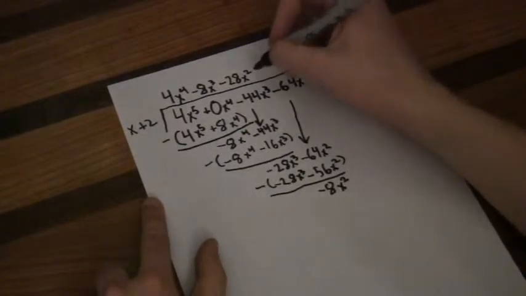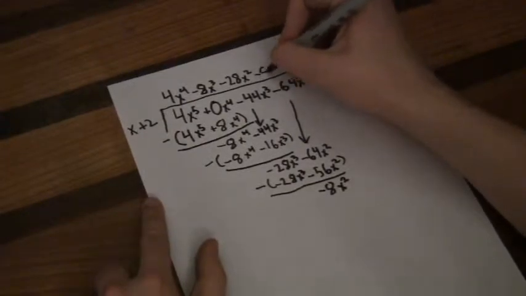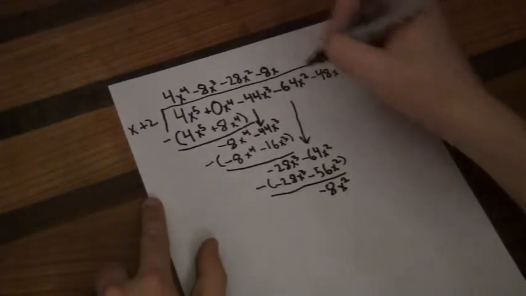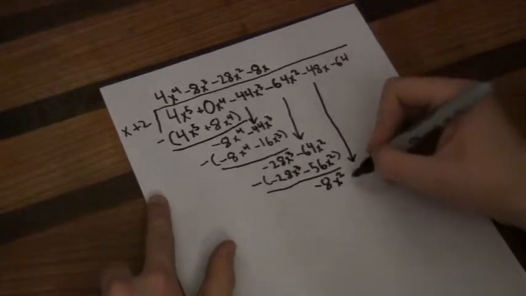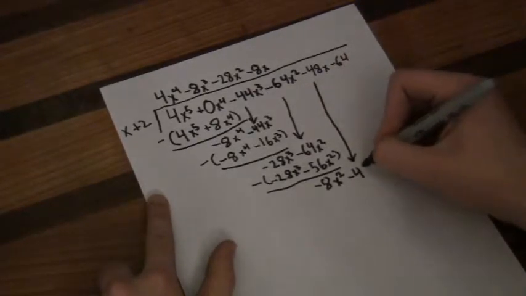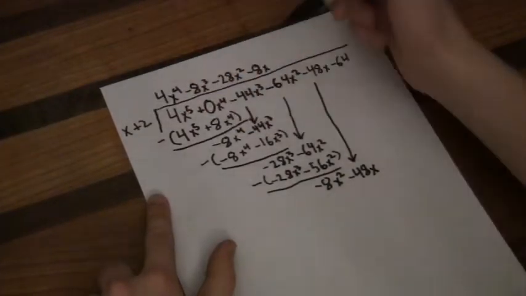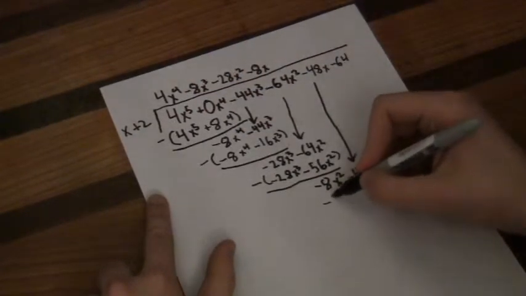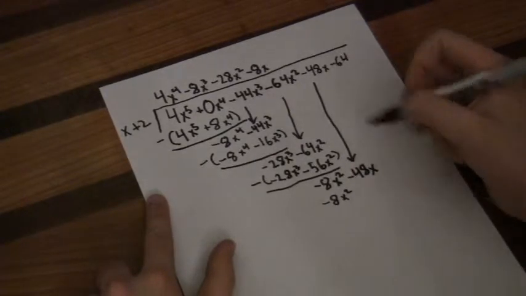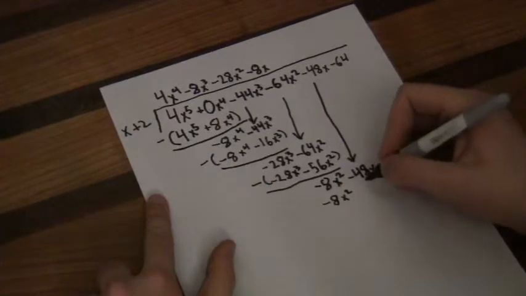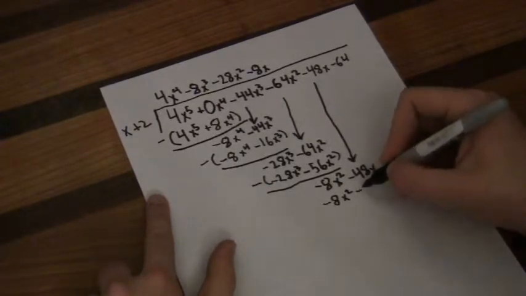Again, we take out that x, we drop, we times that, times the 2 and the negative 8, which gives us a negative 16.